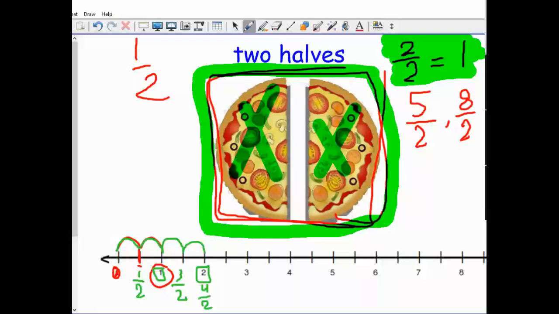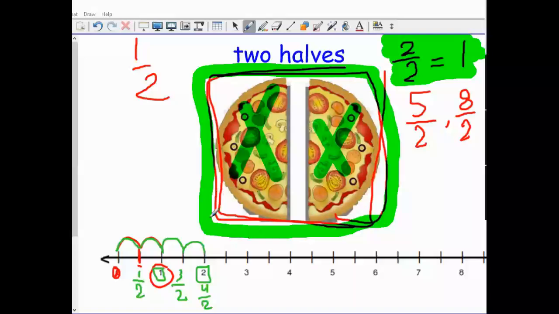Why does 4 halves mean 2? Because every 2 halves makes 1 whole. So 2 halves and 2 halves together, 4 halves. These 2 halves make 1 whole, and these 2 halves make 1 whole. So 4 halves makes 2 wholes.